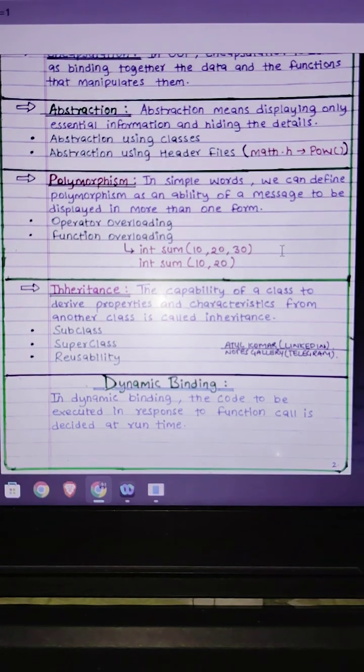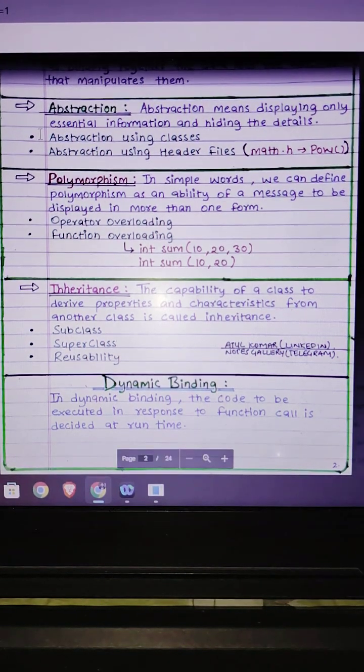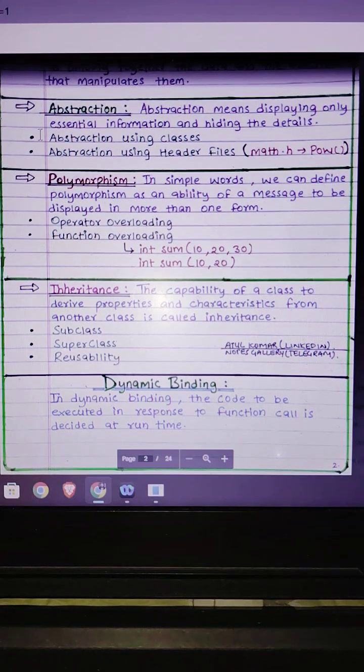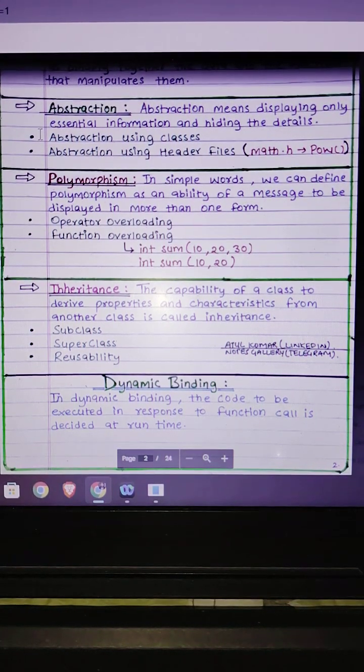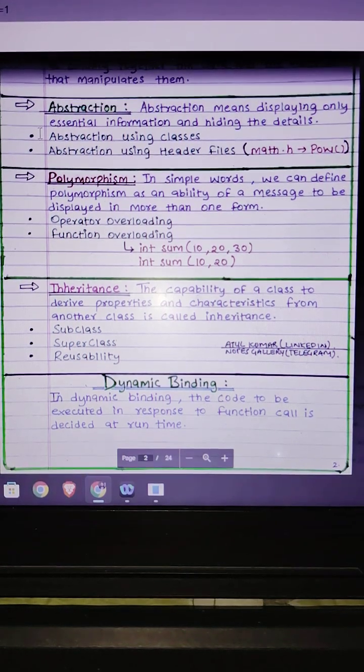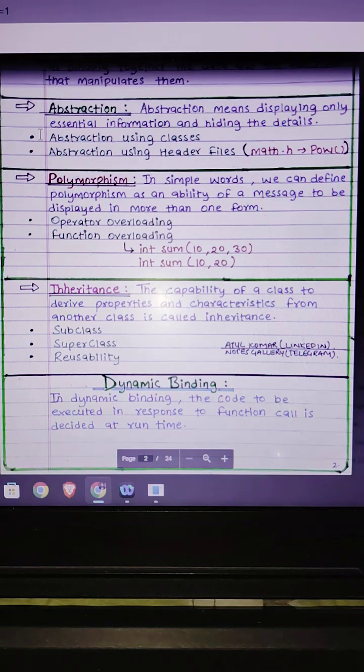We take an example of polymorphism: a single woman. At different times she plays a significant role, like being a mother, and at another time she is also a wife, and she is also a housewife.